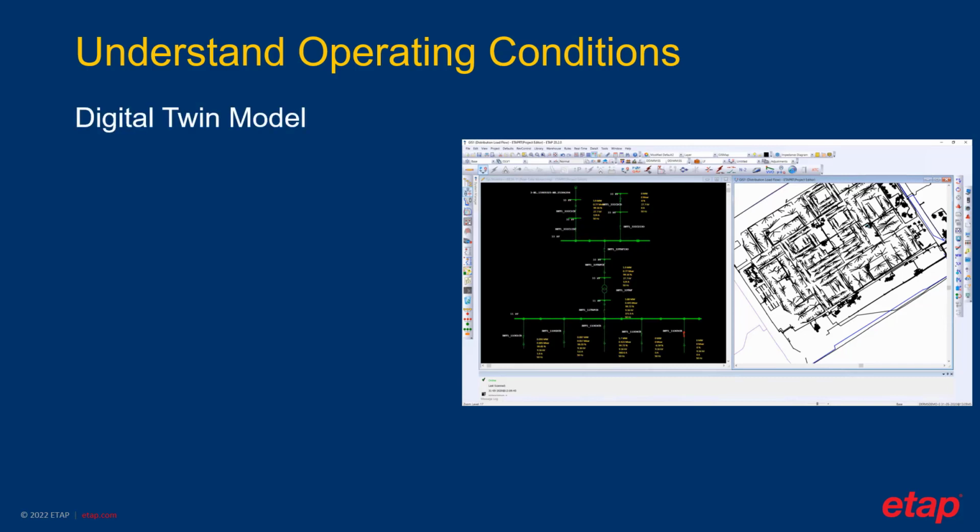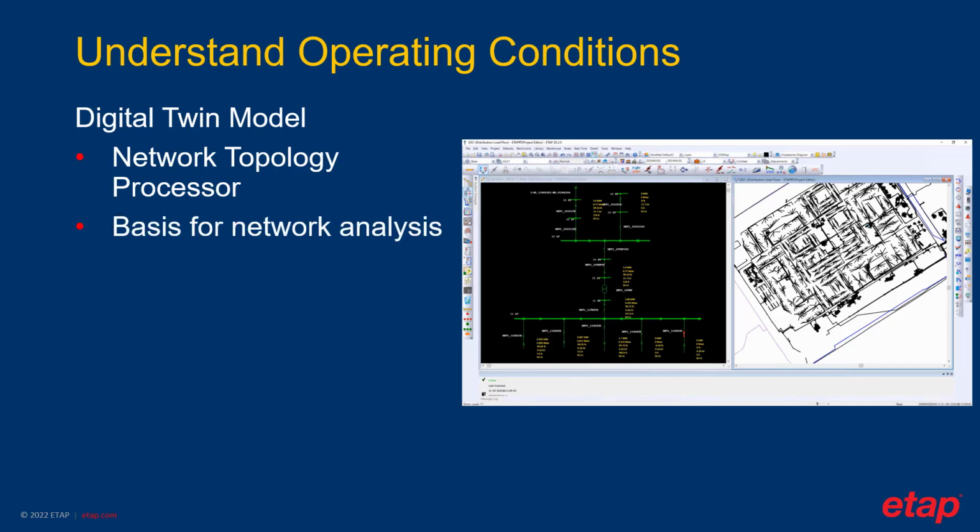As we discussed earlier, the ETAP controller uses the digital twin to evaluate how the system is built and interconnected. The network topology processor is the main component for the digital twin to walk down the system and understand its topology. Note that the digital twin model is also the same model used during network analysis, therefore making the digital twin model the single source of truth.